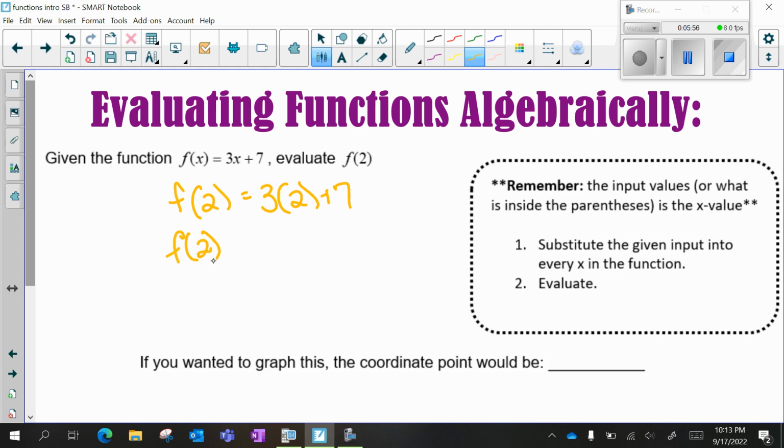So if I'm doing this by hand, 3 times 2 is 6, plus 7. That means f of 2 equals 13. So f of 2, remember, is my y value. If I were to write this as a coordinate point, x comma y, it would be the point 2 comma 13.